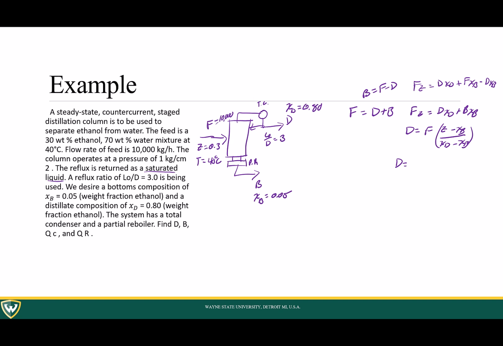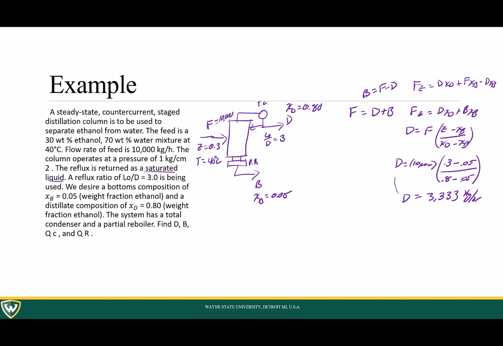So it's just a simple matter of plugging it in now. So D then is equal to 10,000 times Z, which is 0.3, minus 0.05, over 0.8 minus 0.05. From that, we get that our distillate flow rate is going to be equal to 3,333, and the units are going to be kg per hour.